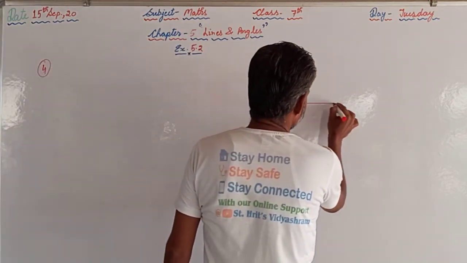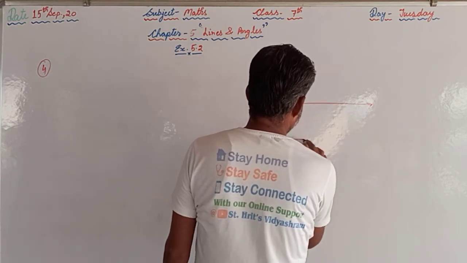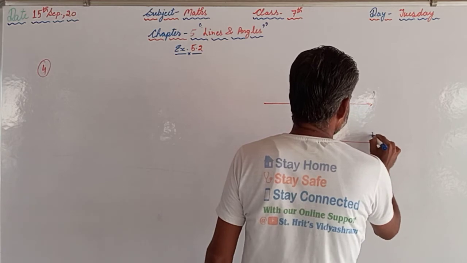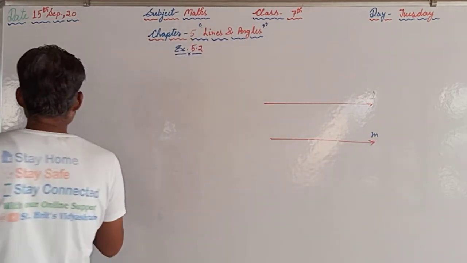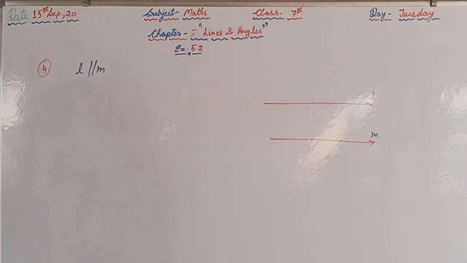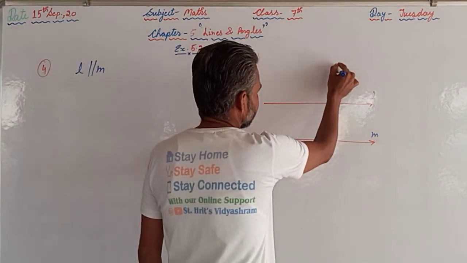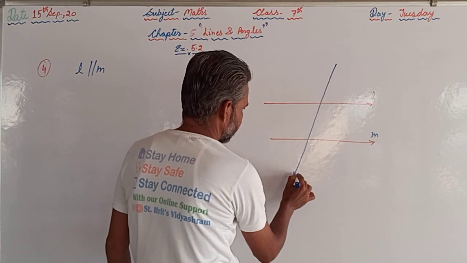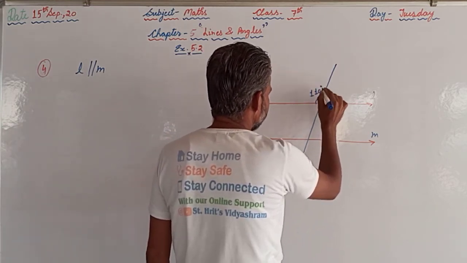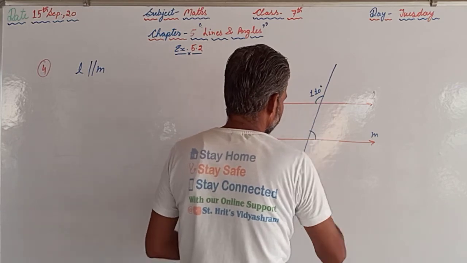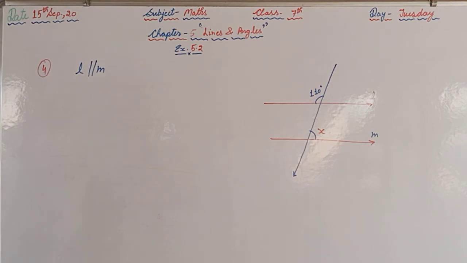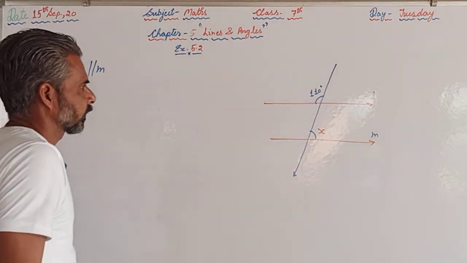L is parallel to M. This is L and this is M. So it is given that L is parallel to M, and then the transversal is there in such a way that this angle is 110 degrees, and we have to find the angle X. X we have to find.